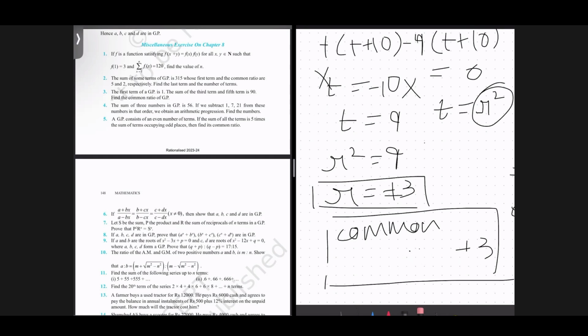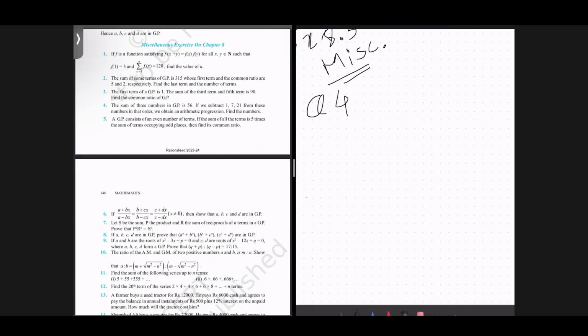Moving on, we are going to solve the fourth question now. The fourth question says that the sum of three numbers in a GP is 56. If we subtract 1, 7 and 21 from these numbers in that order, we obtain an arithmetic progression, and we have been asked to find the numbers.